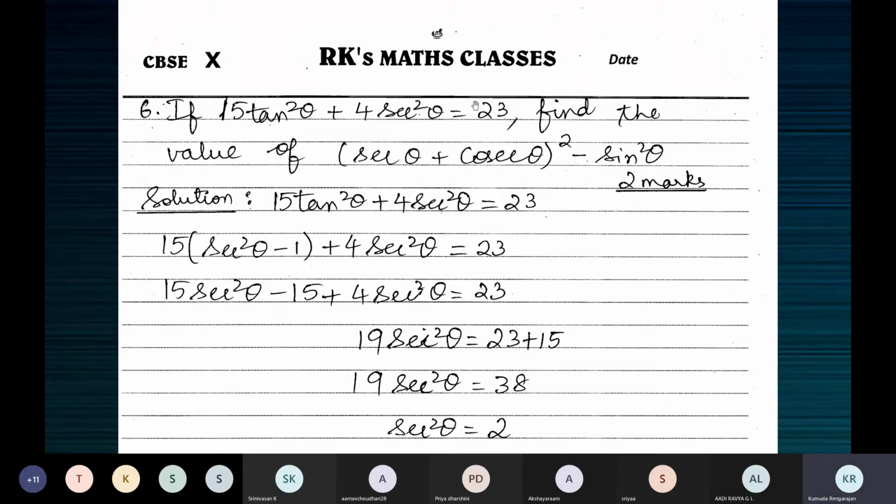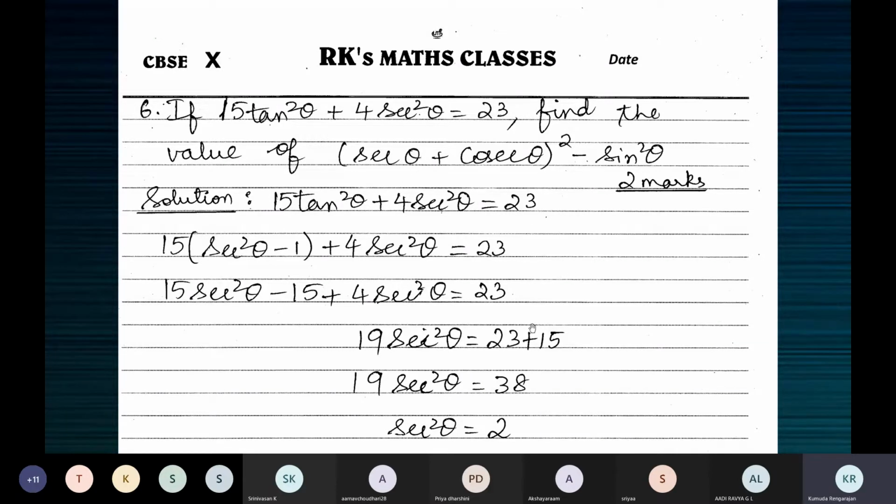So when you're asked to find the value of secant theta plus cosecant theta whole square minus sine square theta, secant theta is a ratio, cosecant theta is a ratio, sine theta is a ratio. You wish you had the value of any one ratio. It can be sine theta or cos theta or tan theta, any one.